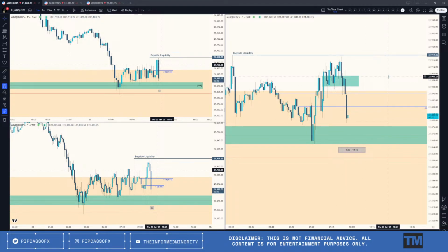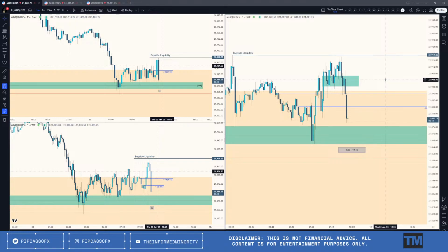So I'm still favoring the upside as long as S&P can hold its bullishness. If it cannot, that'll change a lot of things.